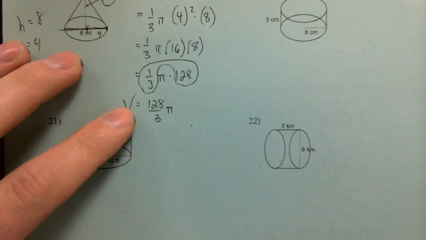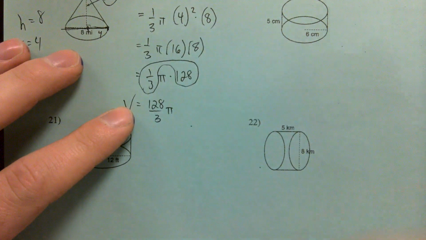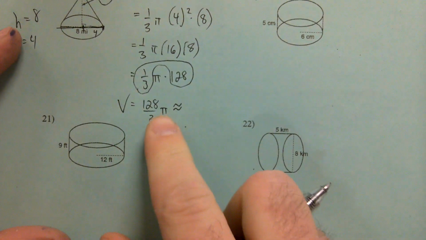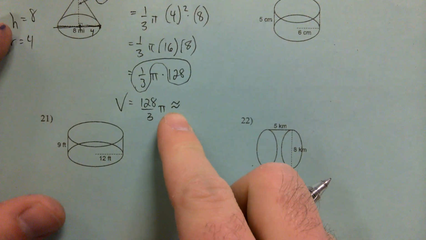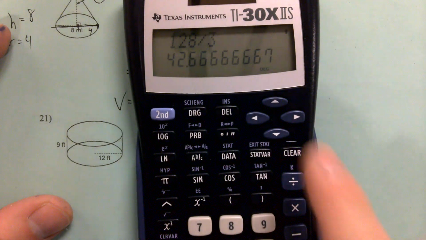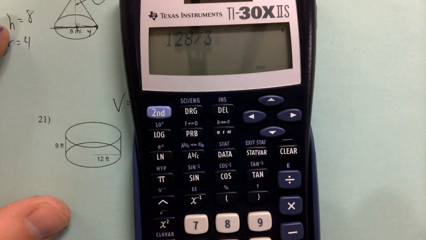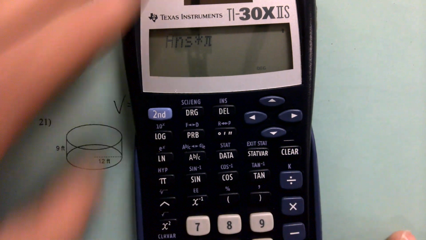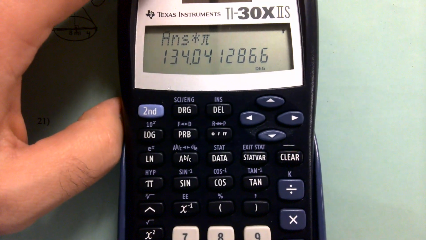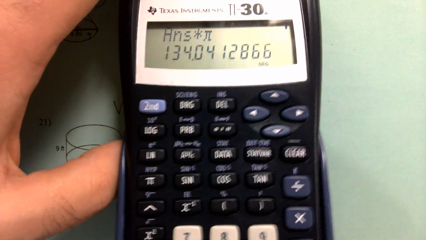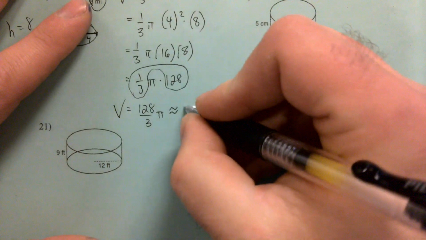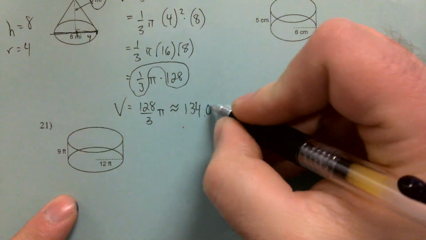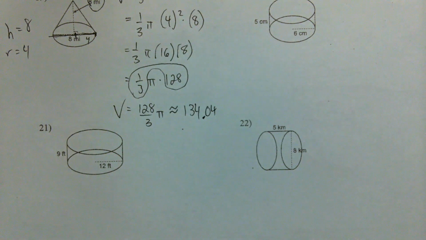But now that we have our exact volume, we can do our little wavy equal sign. It looks like that. That essentially means it's approximately equal to. We could do 128 divided by 3, times pi, which gives 134.04. What are my units?